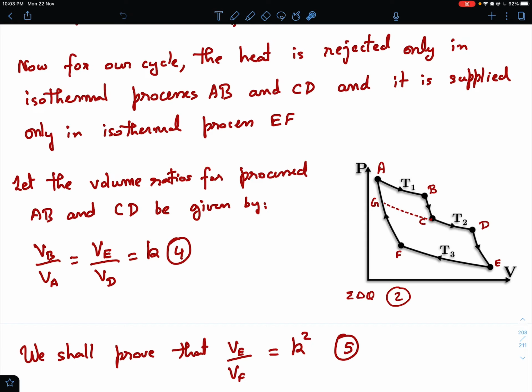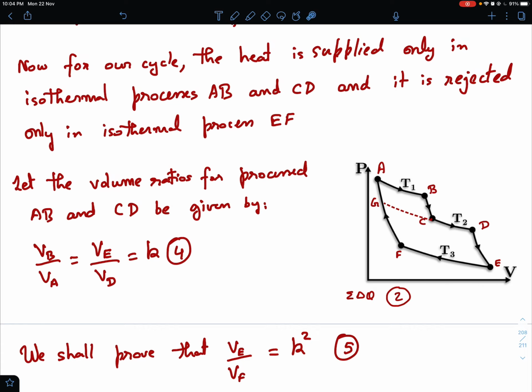Now in our cycle, where is the heat being supplied? I messed up, so let me correct it. Heat is supplied in isothermal processes A, B and C, D, and heat is rejected only in isothermal process EF, okay?